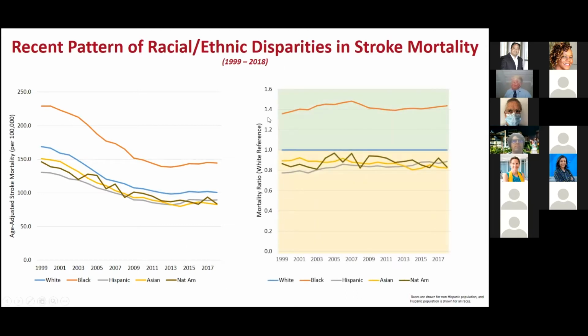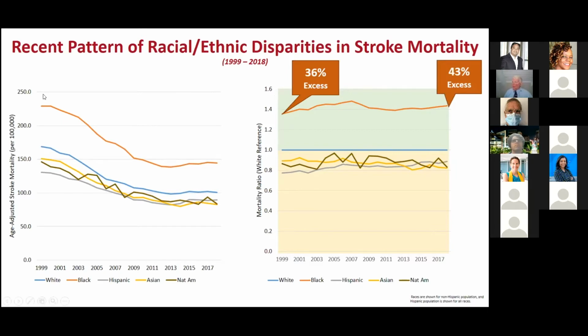This is the mortality ratio compared to whites. And you can see that here are African Americans, and in 1999, there was a 36% excess mortality in African Americans. And over this 20-year period, we have eliminated that 36% excess all the way down to a 43% excess.